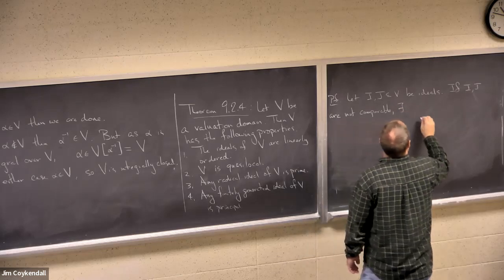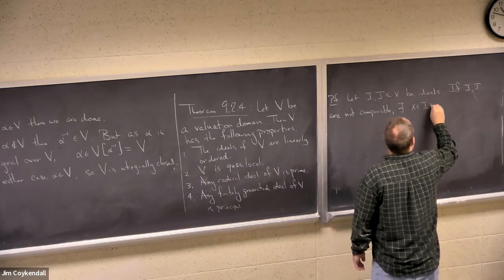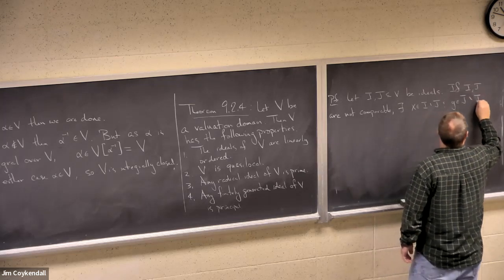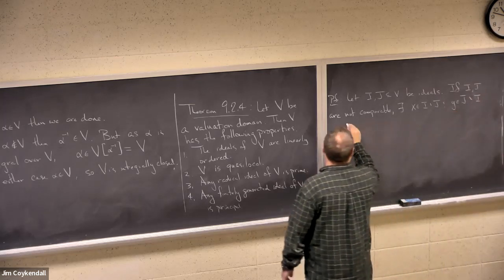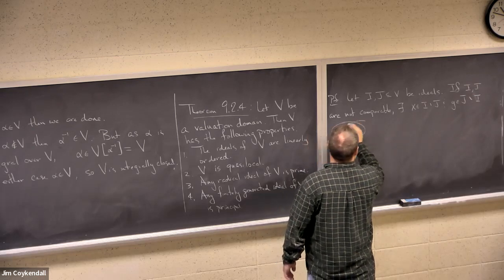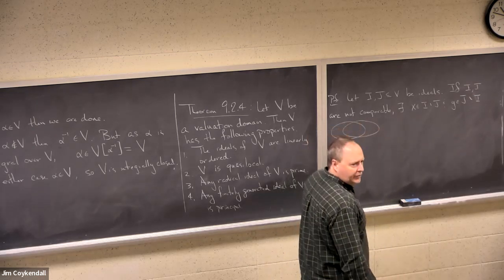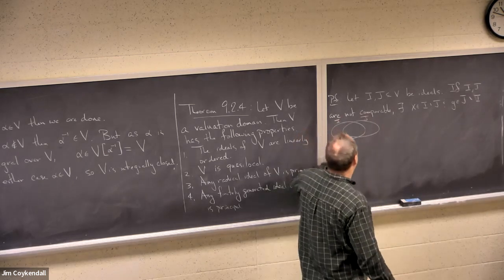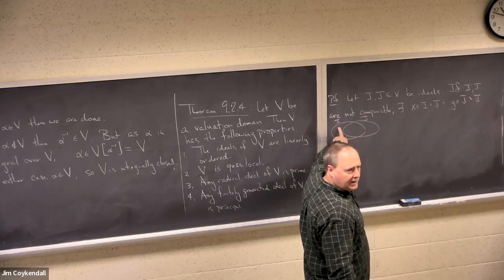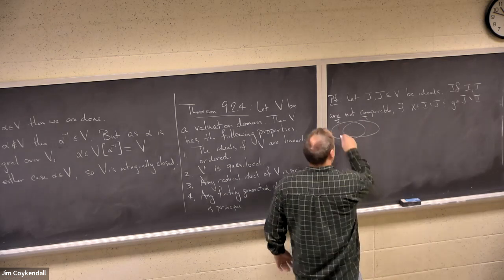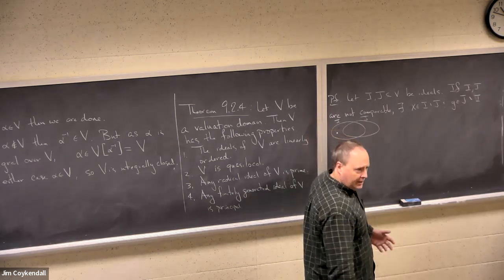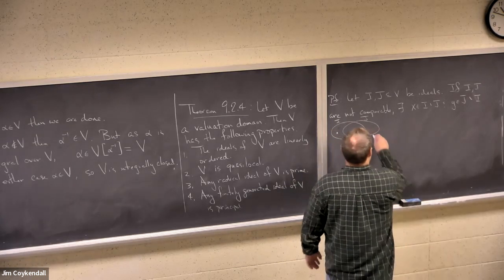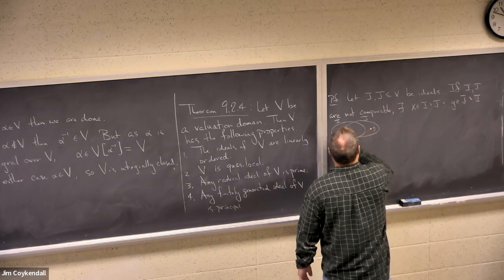There exist, let's say, X in I and Y in J. If I is not contained inside of J, then there must be some X inside of I not in J. And if J is not contained in I, then there's some Y.